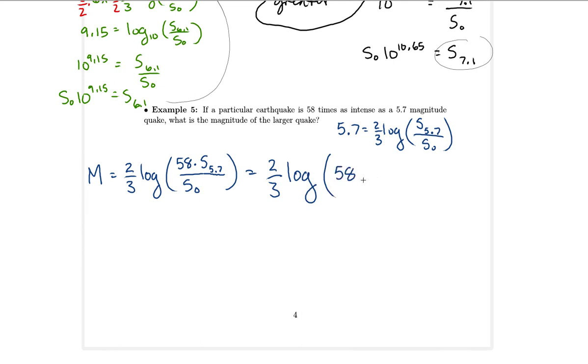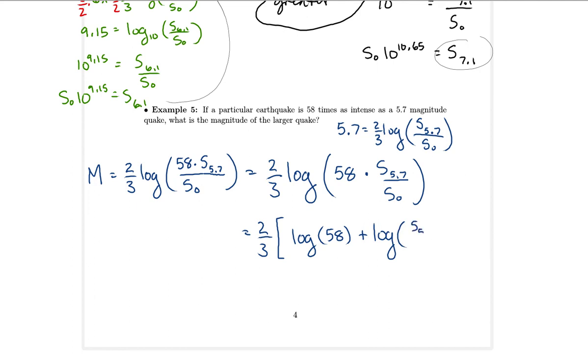So if I put a 58 here, and then I separate it out from this part that's familiar to what we had before, I know there's a log rule that says I can turn this into an addition problem. So keeping the 2/3 out front, what I'm going to do to this expression is log 58 plus log S5.7 over S0.